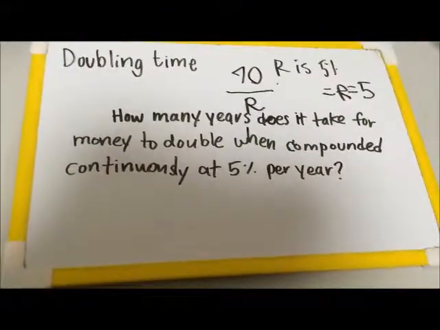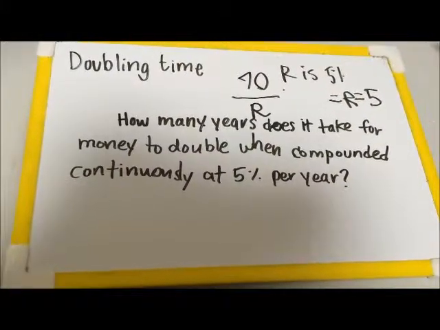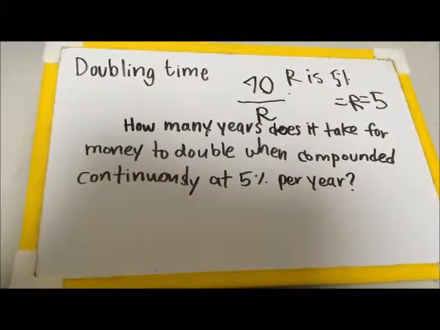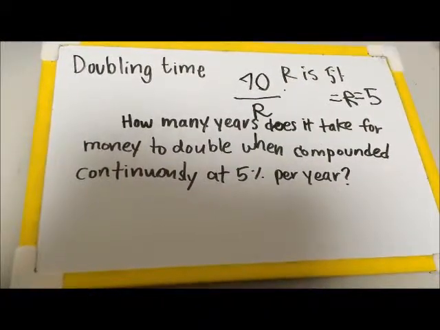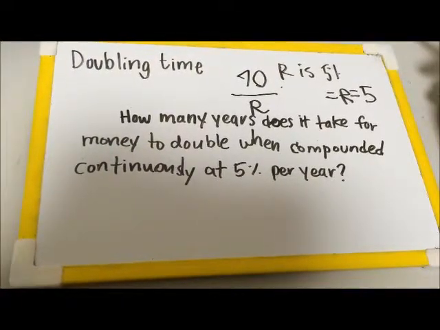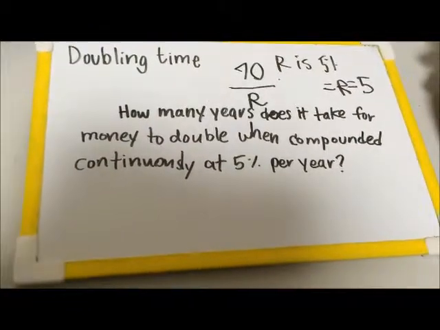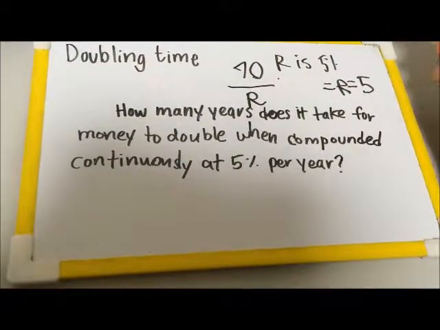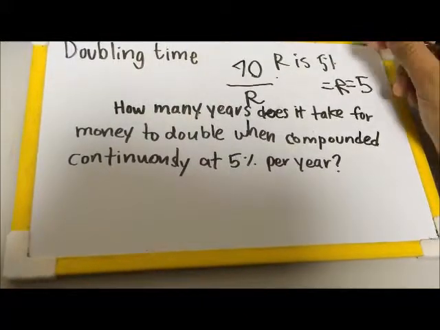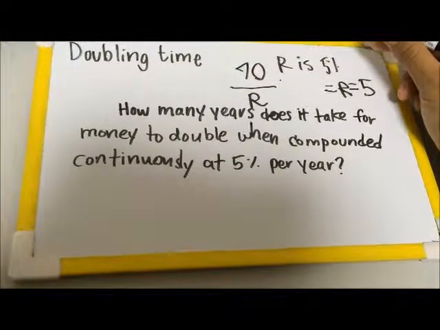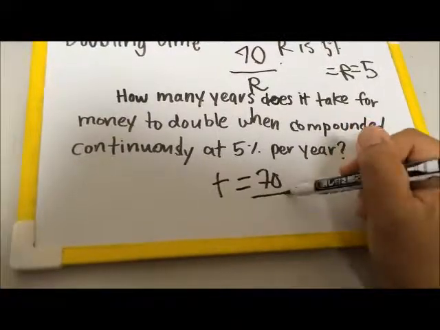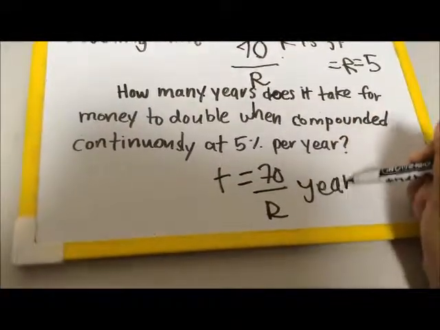How many years does it take for money to double when compounded continuously at 5% per year? To solve this, we will use the approximate formula for doubling time. Step 1: at R% annual interest compounded continuously, money doubles in approximately T equal 70 divided by R years.